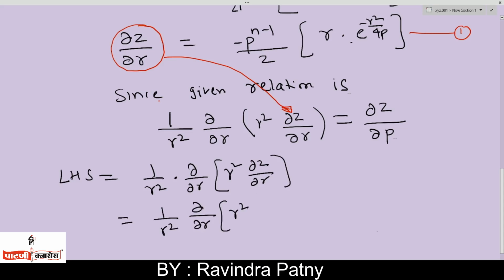Here is the r square. The value of ∂z/∂r is nothing but minus p raised to n minus 1 upon 2, r e raised to minus r square upon 4p.